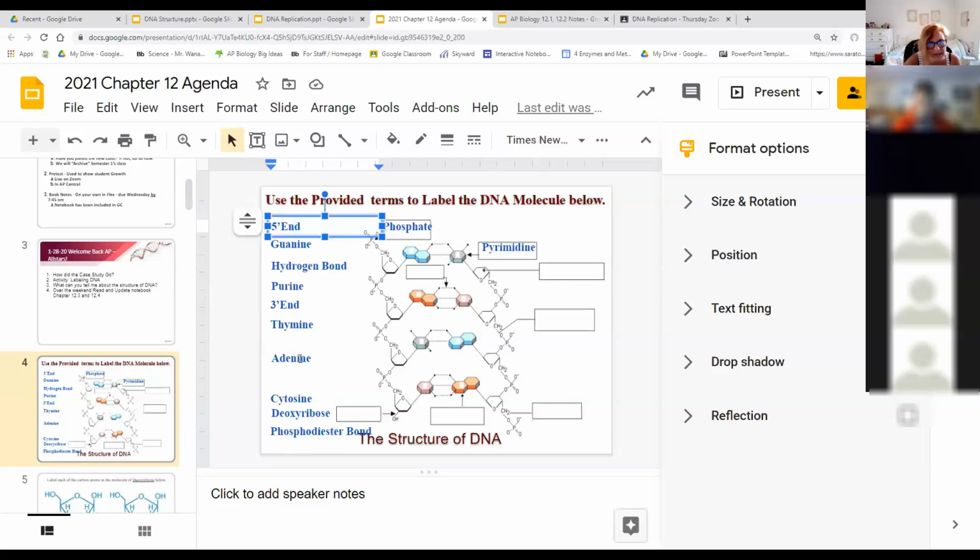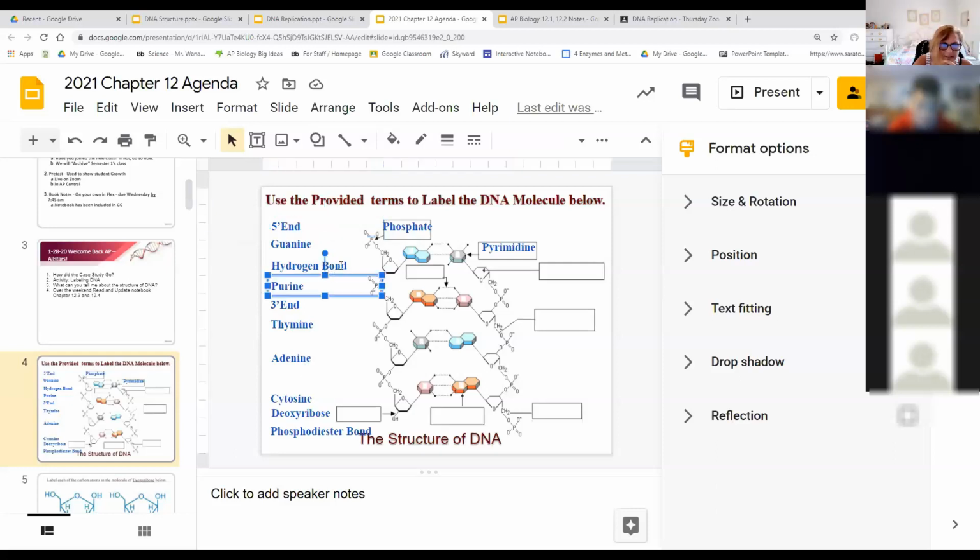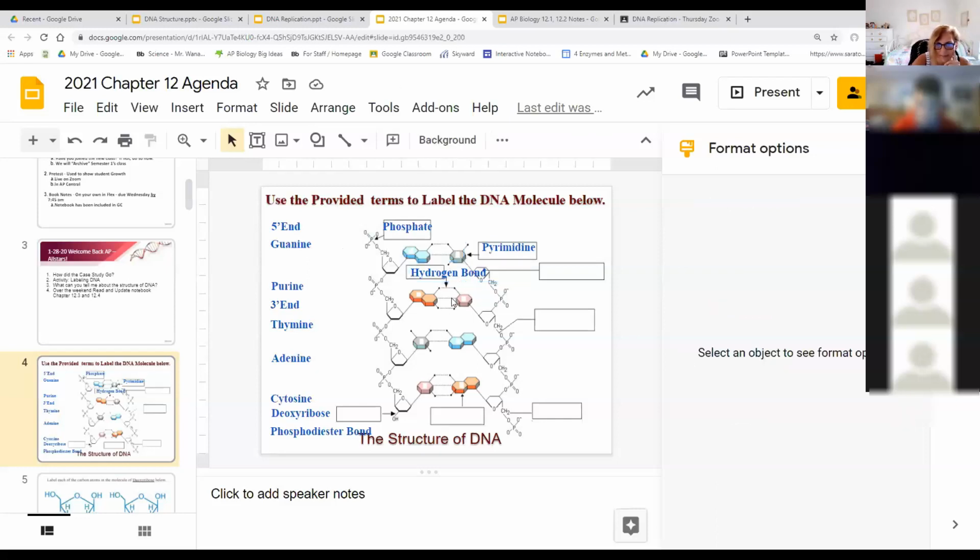Maybe I should have done numbering of carbon atoms before I actually do the 5' 3' end. The triple bond here, double bond here, okay? Those are hydrogen bonds. So we can grab that one right away. Now that helps us determine whether something is adenine, thymine, cytosine, or guanine. If there's a triple bond between them, like this, that tells me that this is cytosine and guanine.